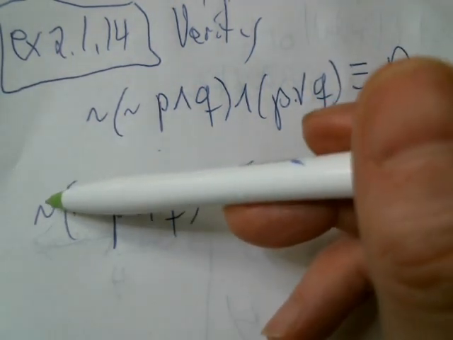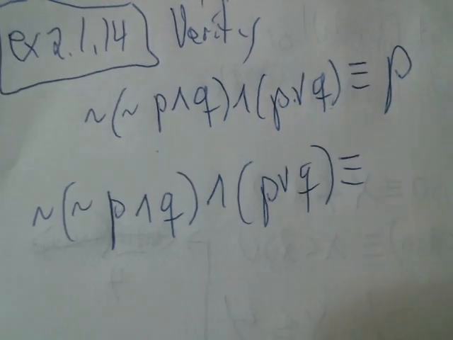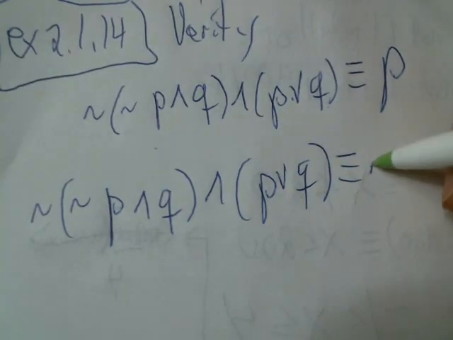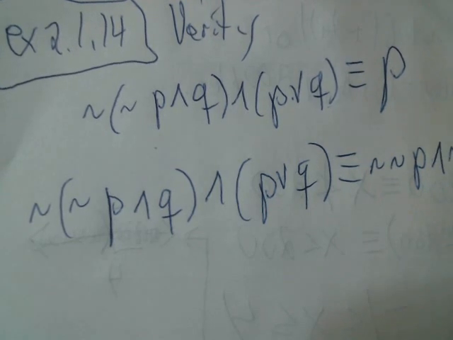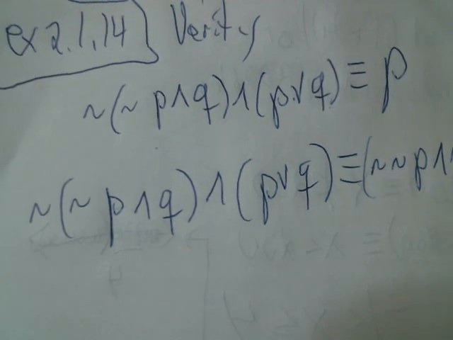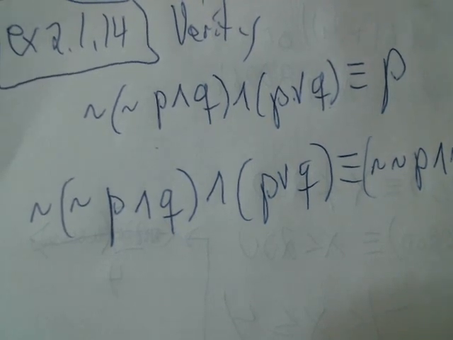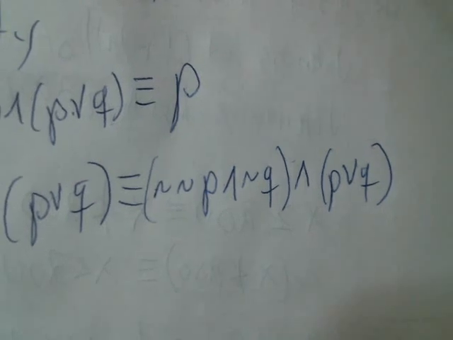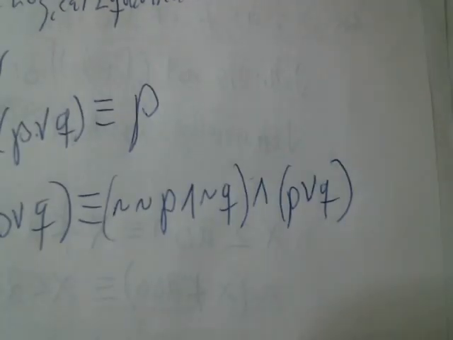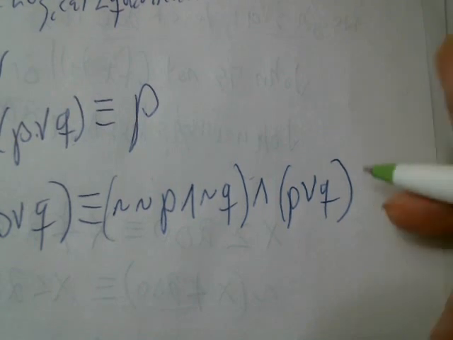So anyways, when I do De Morgan's here, I'll have not P and not Q, right? And P or Q. And whenever you do a step like that, you need to tell me which theorem or which equivalence you used. And this equivalence was De Morgan's.